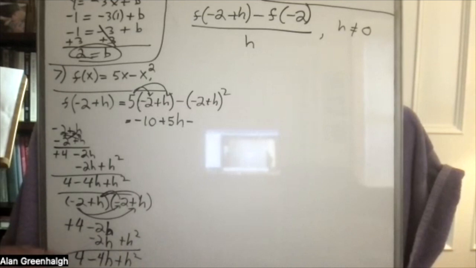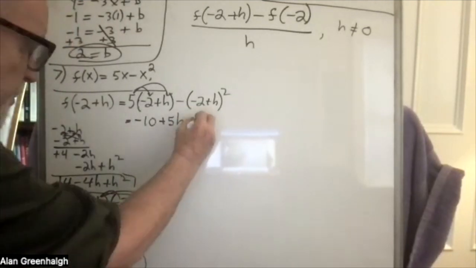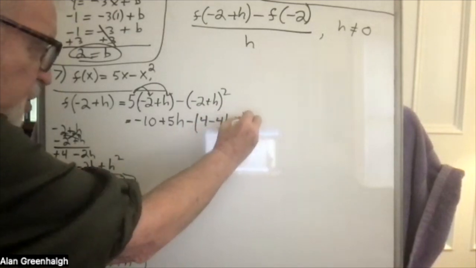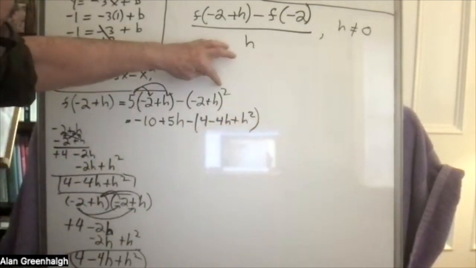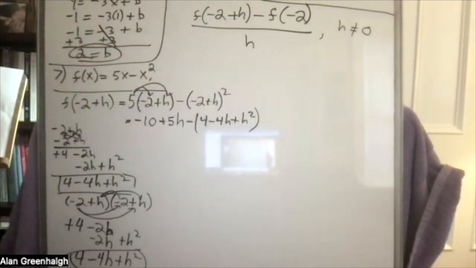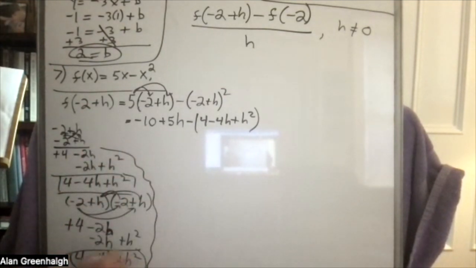And you see that you get the same answer, and this could be a check. But this whole thing goes back in here. 4 minus 4h plus h squared with no exponent because we've already done the multiplication. This is where we are now. Tough little problem. It's a lot going on here.